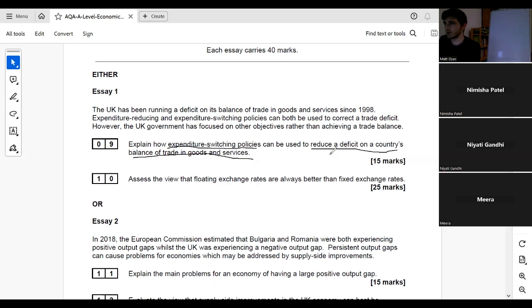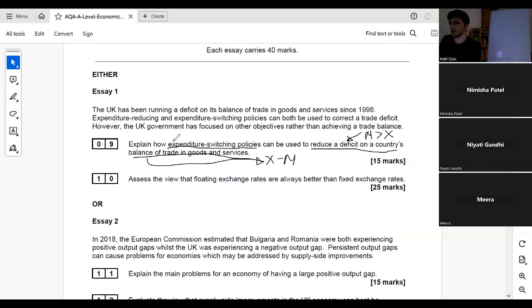So basically, balance of trade in goods and services is net exports, i.e. X minus M. A deficit is specifically when that overall balance is negative, so M is greater than X. So we are being asked, how can this certain kind of policy be used to solve the problem of a deficit where net trade is negative, where M is greater than X?